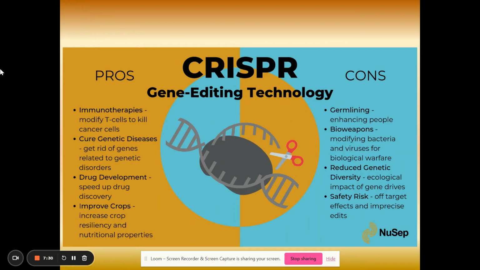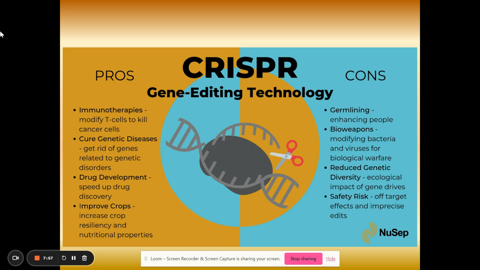Okay, the pros and cons of CRISPR, and there's a lot of different places where you can go that are more heavily leaning towards the pros of using this technology to eliminate genes that are unhealthy or undesirable, and the cons against it. So you could look at sites that are pro CRISPR or those that are against CRISPR.